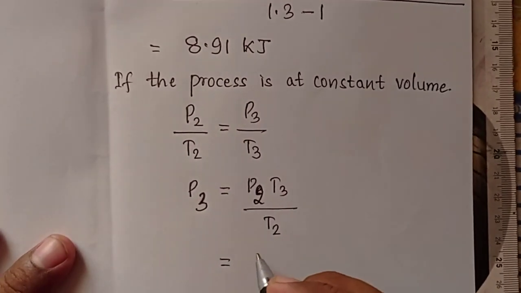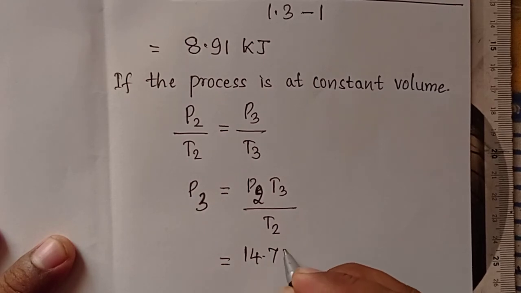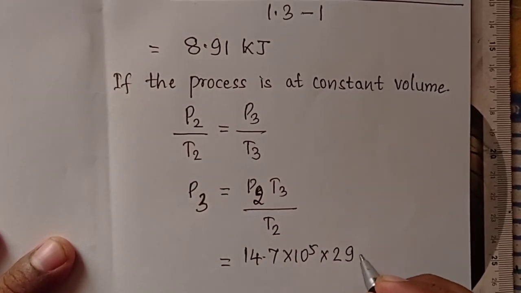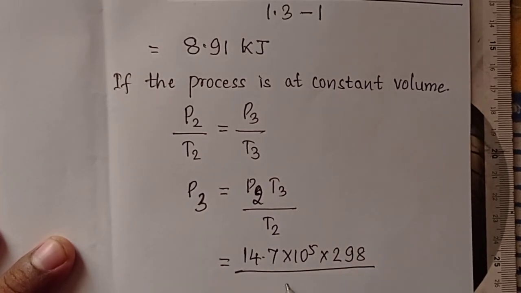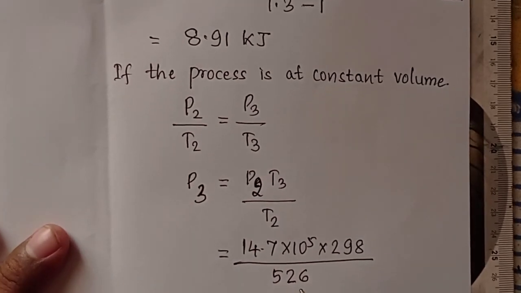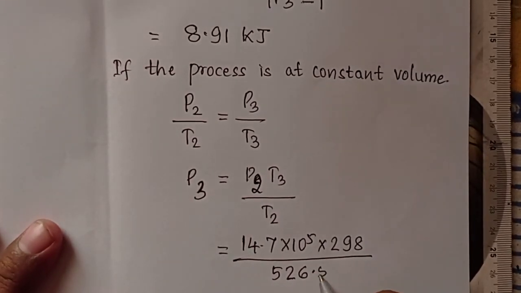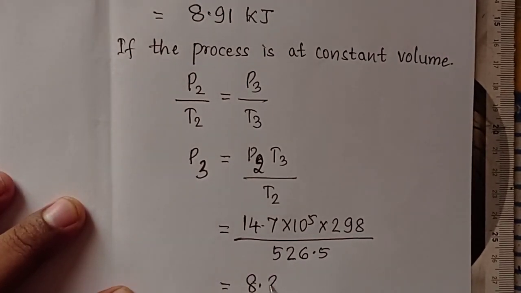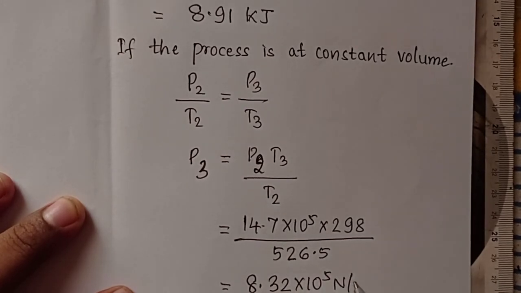So what is the value of P2? You have got 14.7 into 10 to the power 5. T3 is known, it is same as T1, 298, and then you have found out the value of T2, it is 526.5. So you'll get the value of P3 as 8.32 into 10 to the power 5 Newton per meter square.